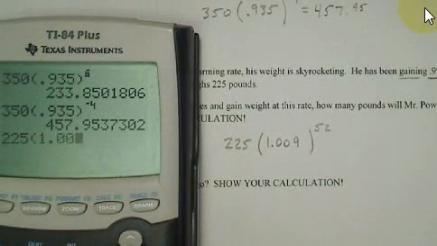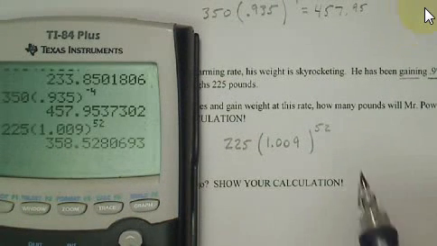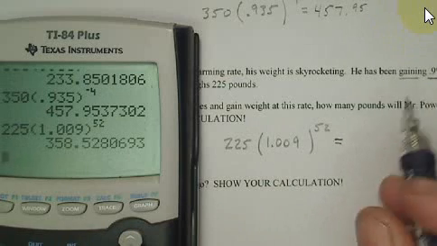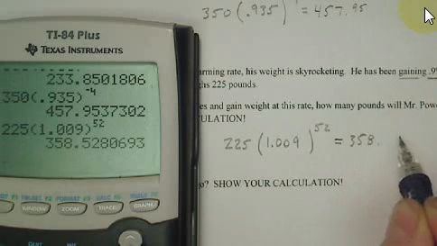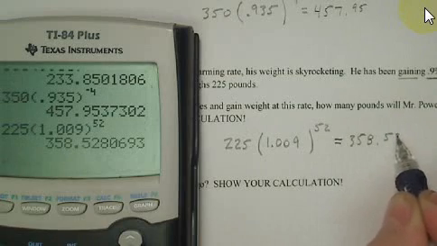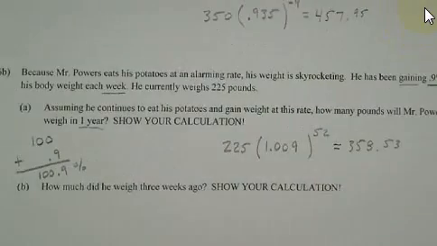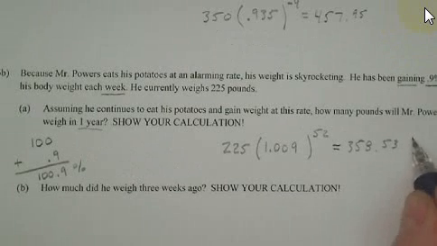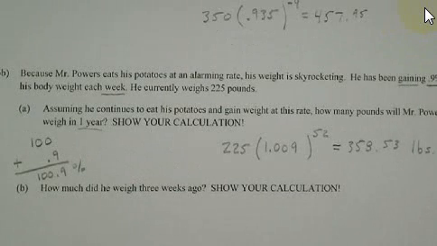And he's gaining weight at 0.9% each week, raised to the 52 weeks. Goodness gracious. 358 pounds. 358.5. There's where we're going to round up. That 2 becomes a 3 because of that 8. 358. Now we should be labeling these. I think I failed to do the previous problem. Pounds.